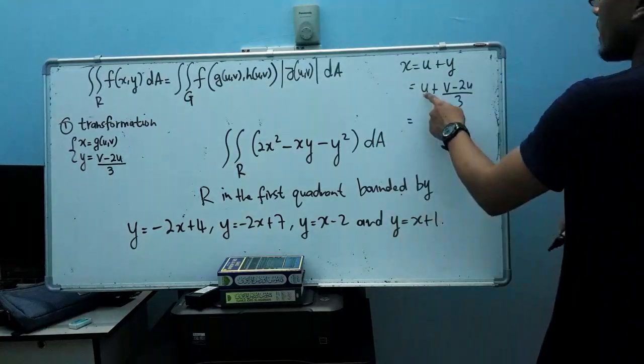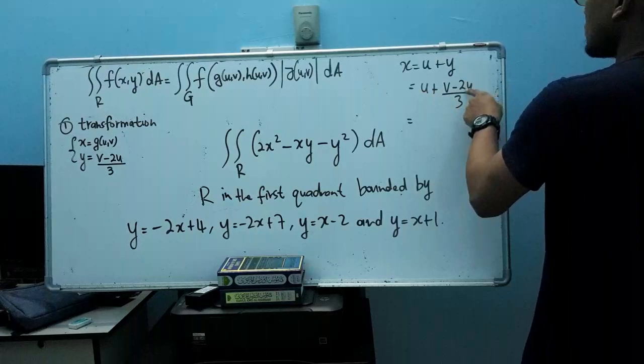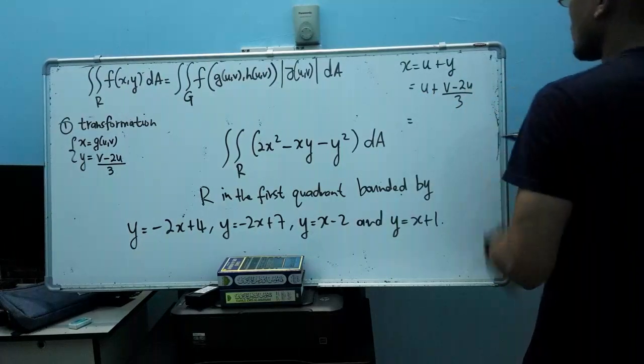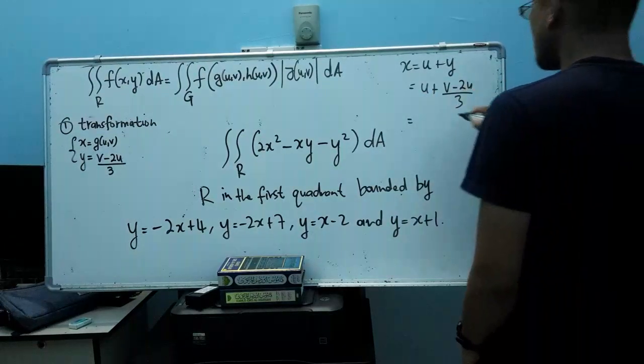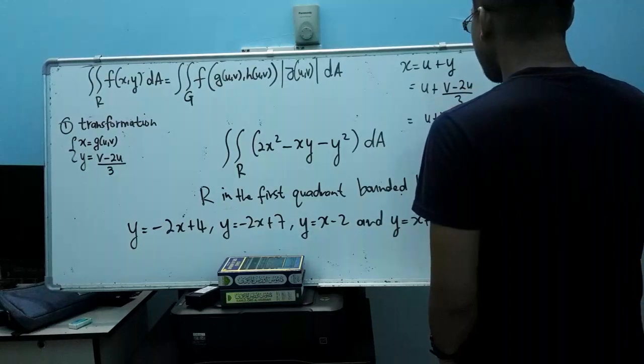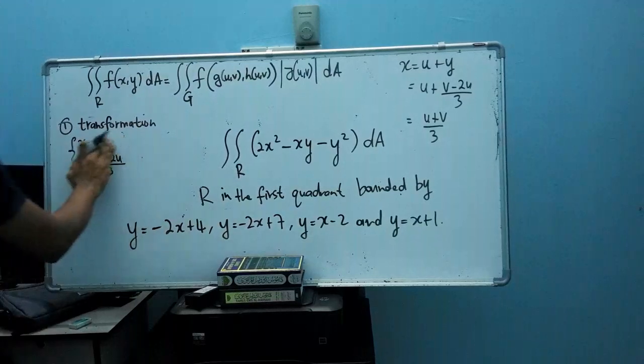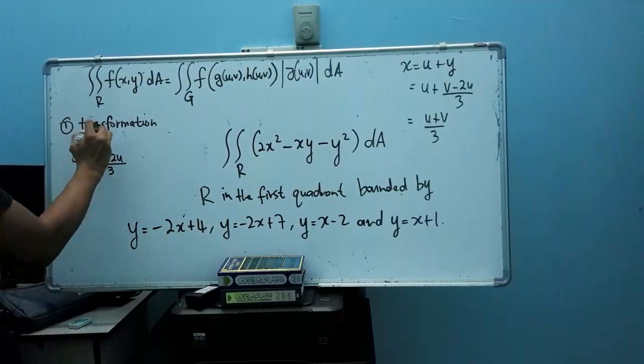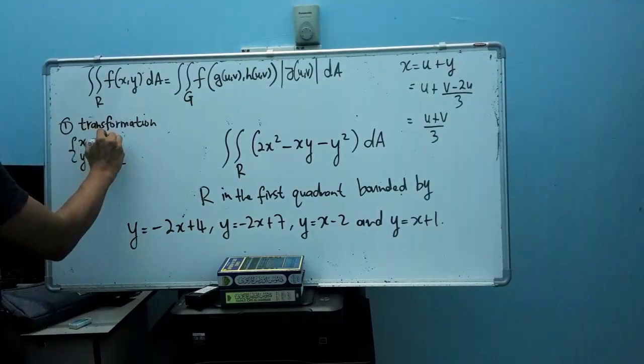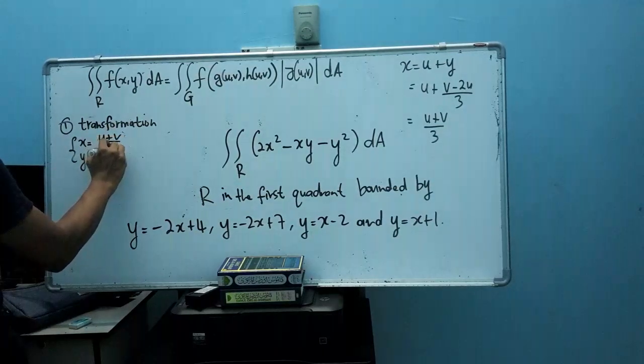So 3u minus 2u gives u, and therefore I have x equal to u plus v over 3.